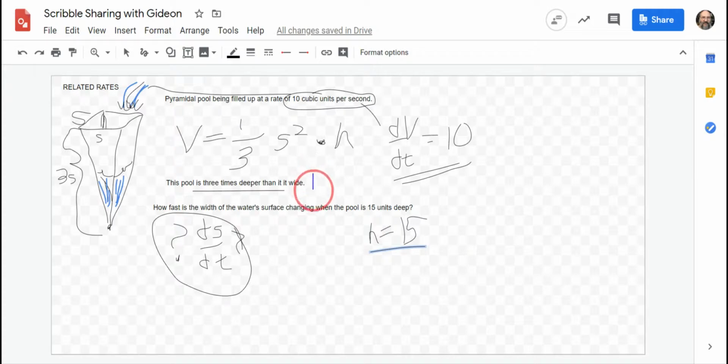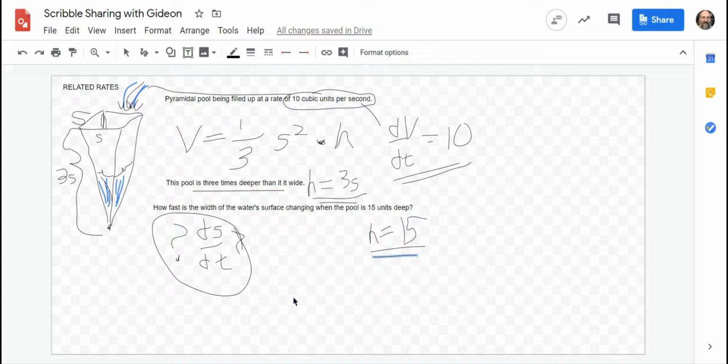So I could also represent that by h equals 3s. That's really what I did, is I just replaced h with 3s, because the height, the depth, it really is 3 times more than the width. So I have a lot of references, a lot of formulas that I know, facts that I'm given, and a single question.